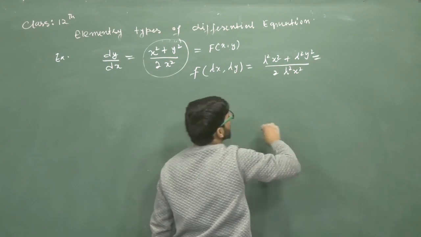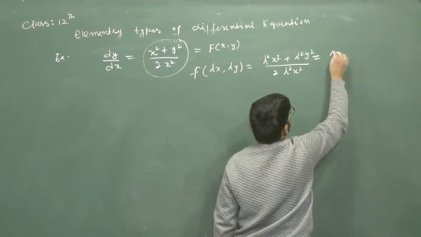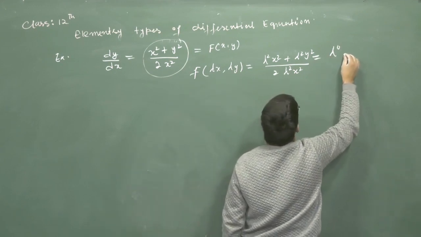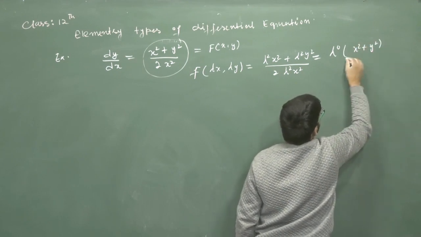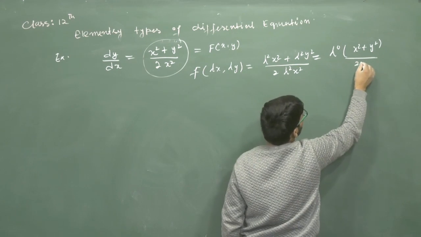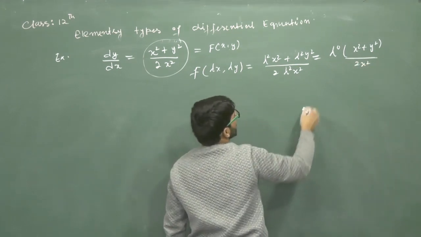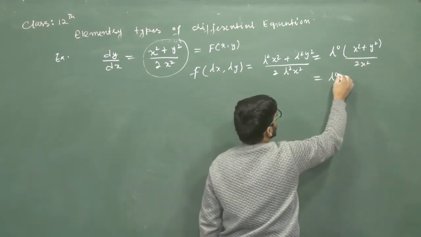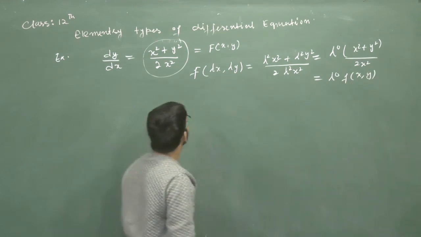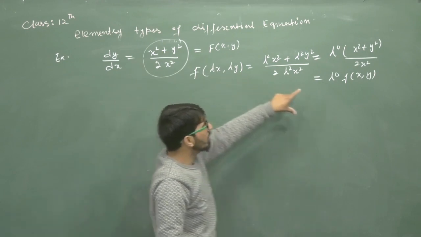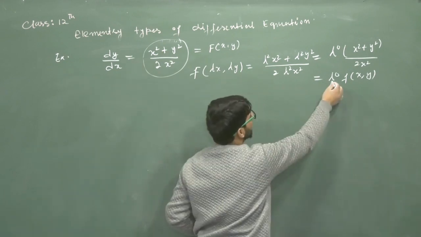So taking lambda square as common, we will get lambda power 0 times x square plus y square divided by 2x square, which is equal to lambda power 0 f of x comma y. So thus this function is a homogeneous function of degree 0.